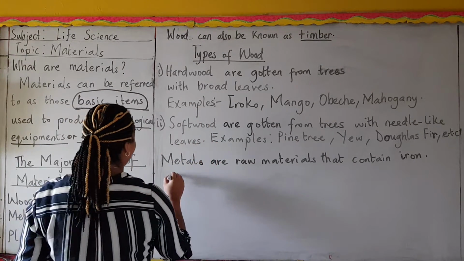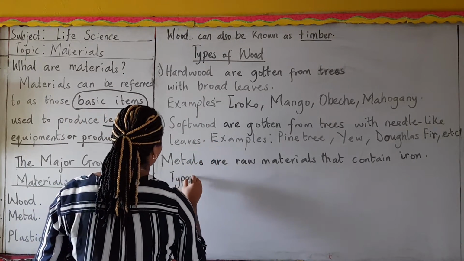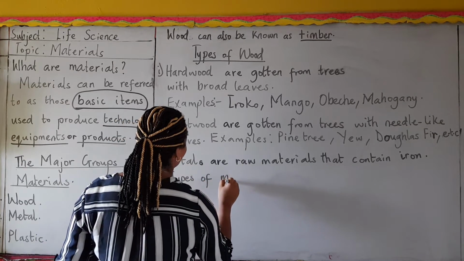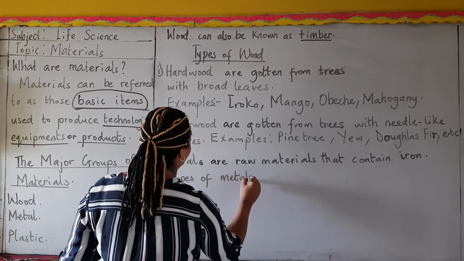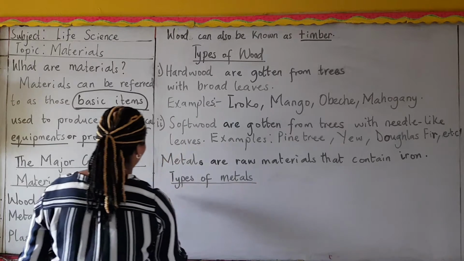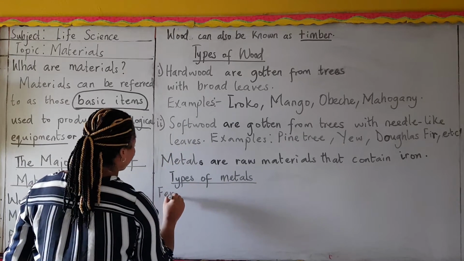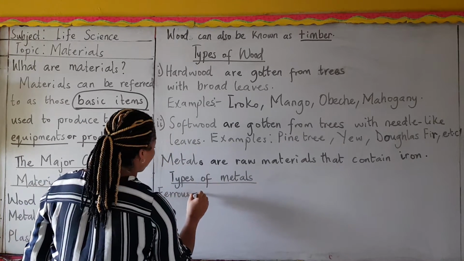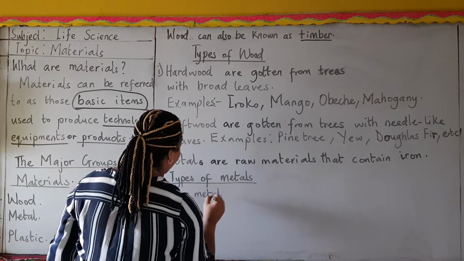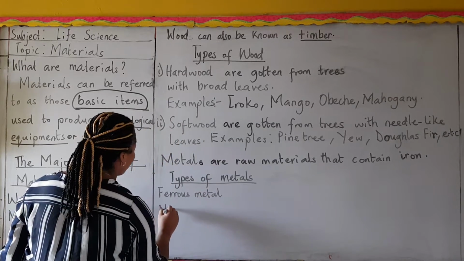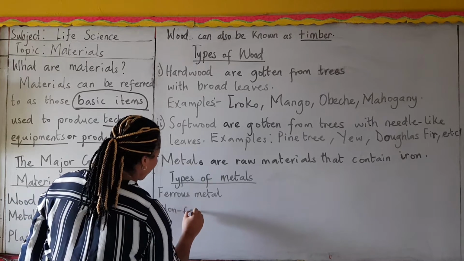And there are two types of metals. We have two types of metals. So you will know that because you're in year 3. We have the one we call the ferrous metal. And then we have the one we call non-ferrous metal.